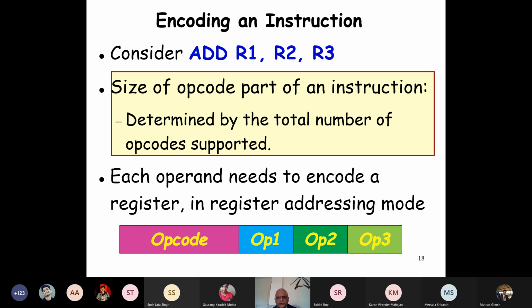So 4 into 3 is 12 plus 6 is 18 bits. But then it has to be in multiples of bytes. So we need 3 bytes. So that's the answer here. The size of the instruction for this simple computer will be 3 bytes for each instruction.